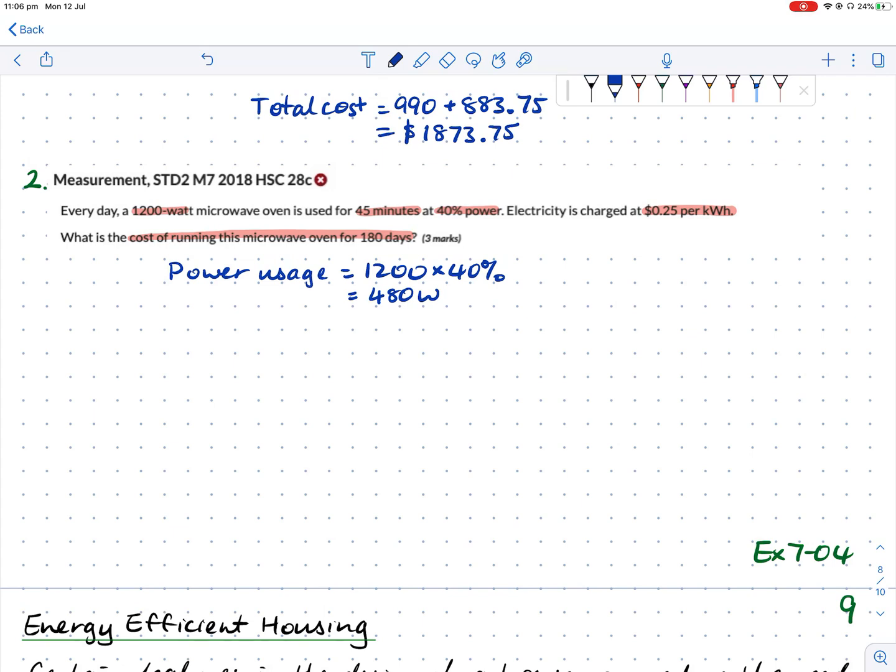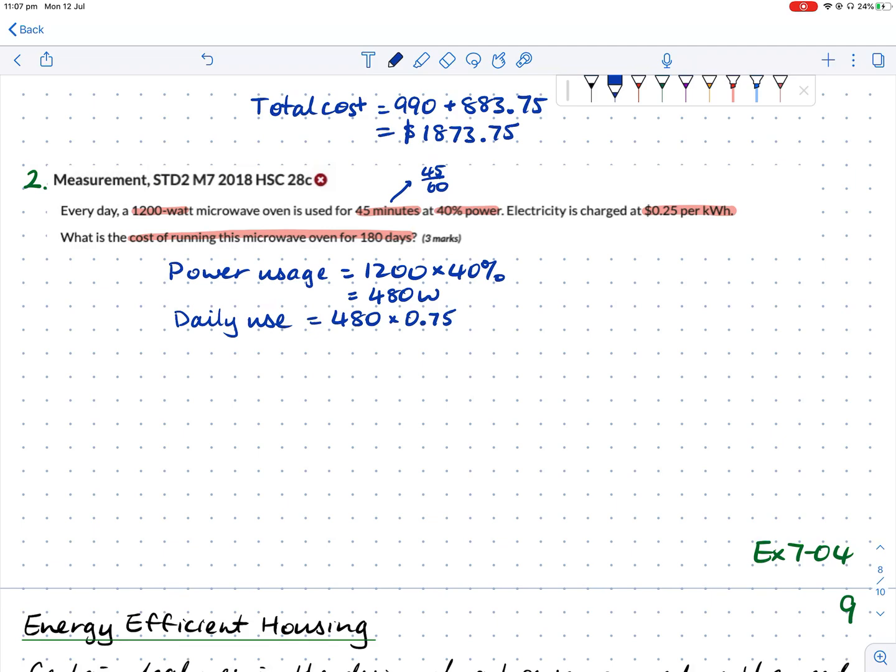To work out the daily use, it's 480 watts and we're only using it for 45 minutes. Now 45 minutes is 3/4 of an hour. Be careful with that. 3/4 of an hour is 0.75. If you're worried you're going to get that wrong, just write it as 45 over 60.